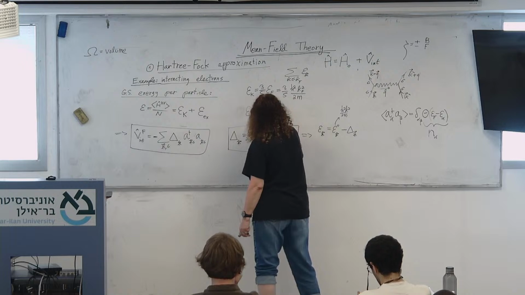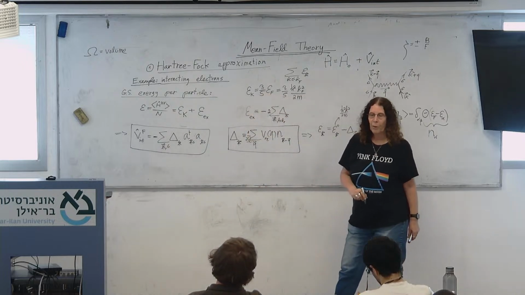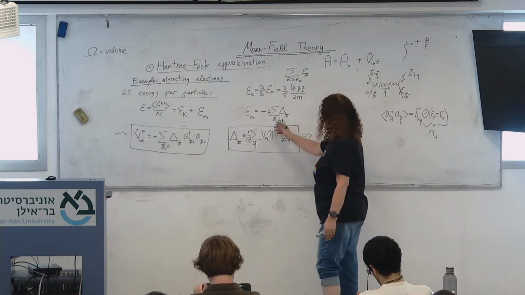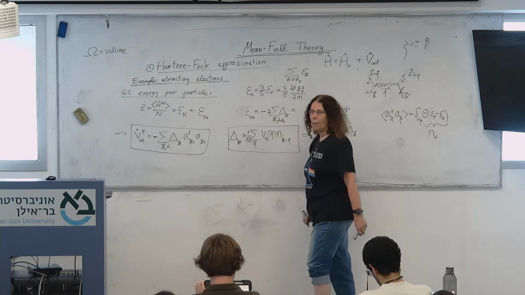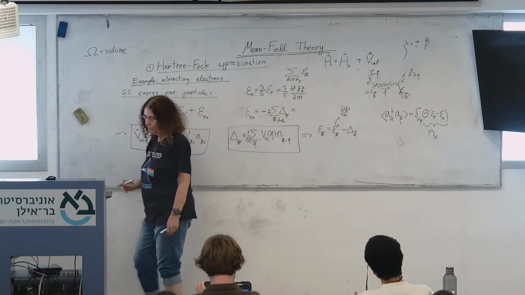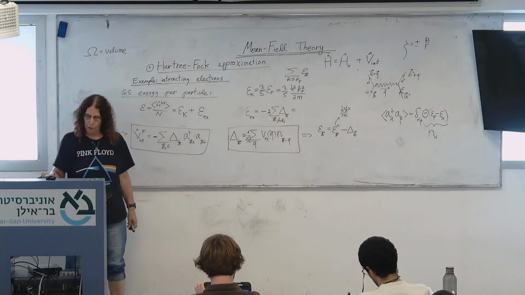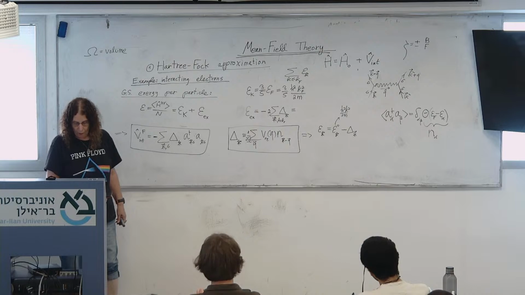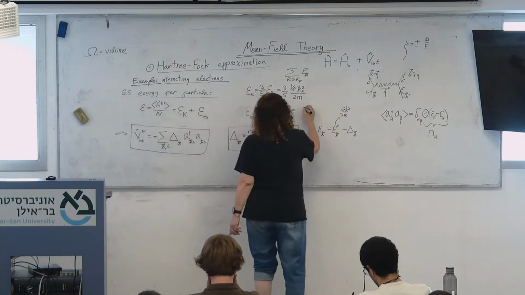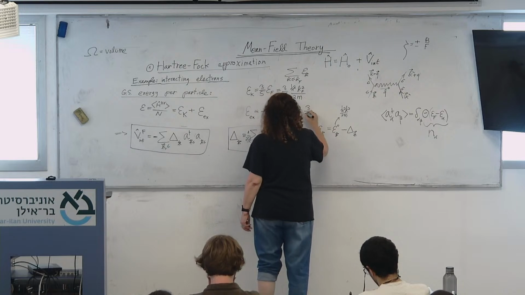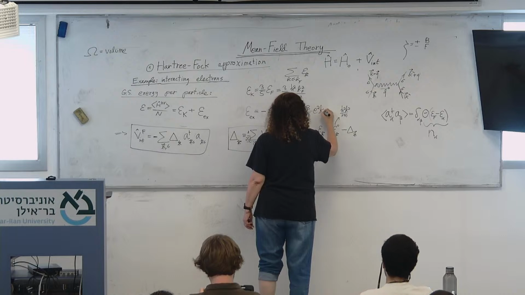There's a factor of 2 because of the spin. Okay? That's what it is, and it's negative. And let me tell you the result of the calculation. Again, it's for 3 dimensions. It gives a factor of 3 over 4 pi times e squared times kf.